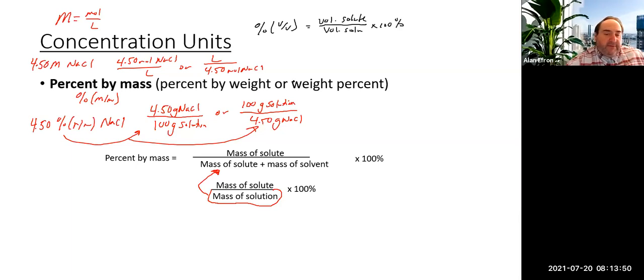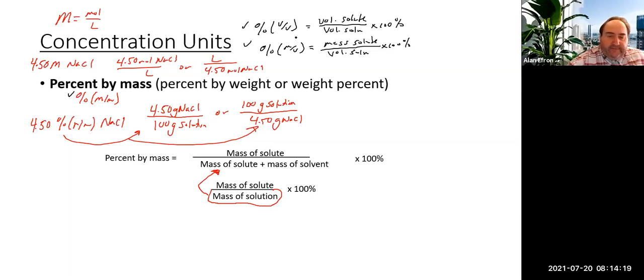Another one is percent mass to volume, which would be the mass of solute over the volume of solution times 100%. So these are three percent concentrations that are also very much used in solutions.